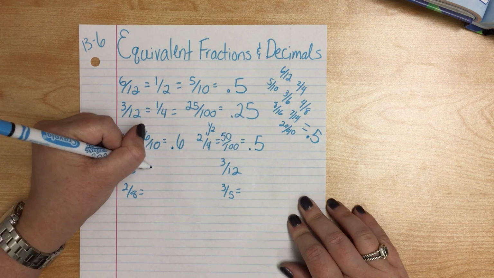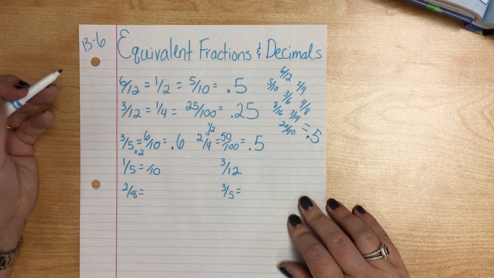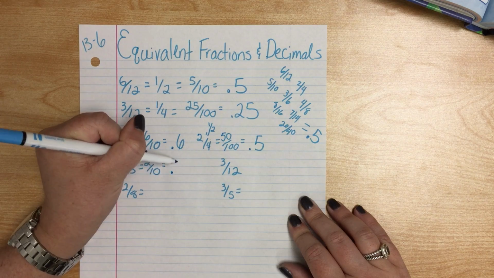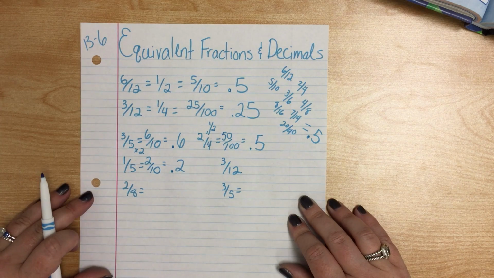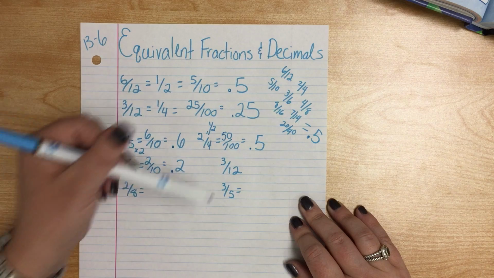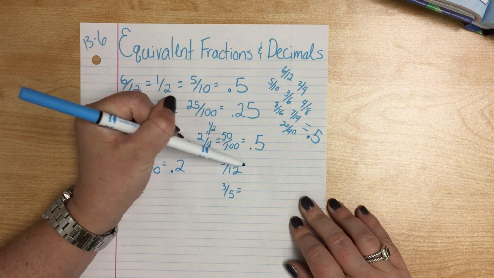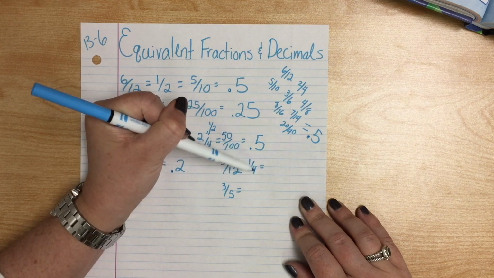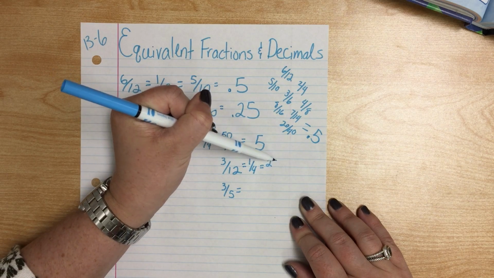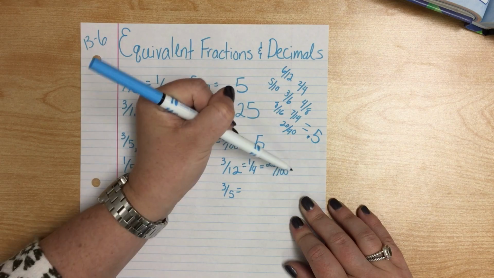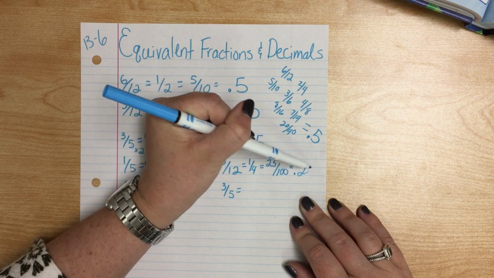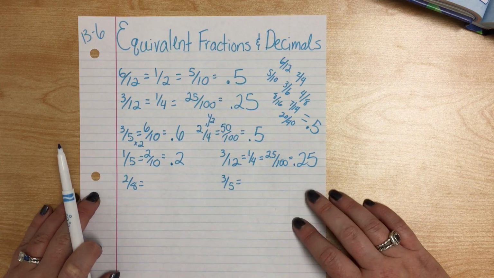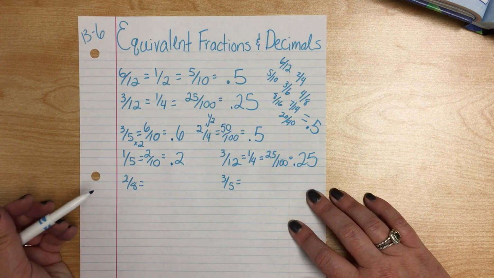1/5 can be turned into 2/10, which can then become 0.2. 3/12 can turn into 1/4, which I then think of as quarters. That becomes 25 100ths, which becomes 0.25. Again, 2/8.